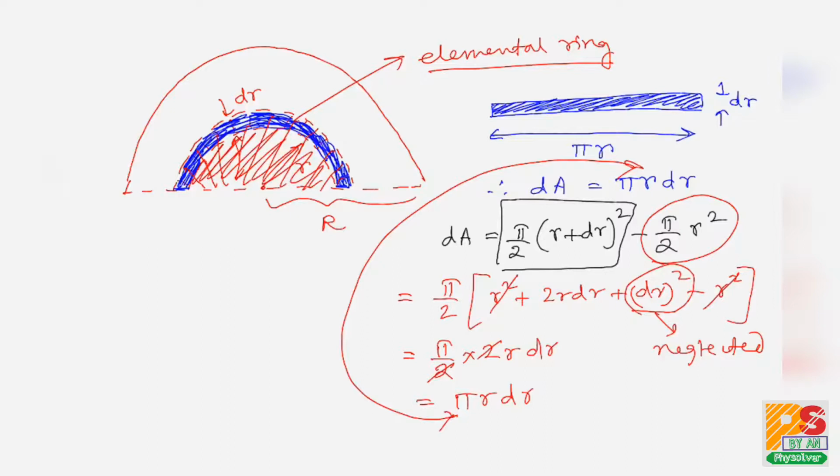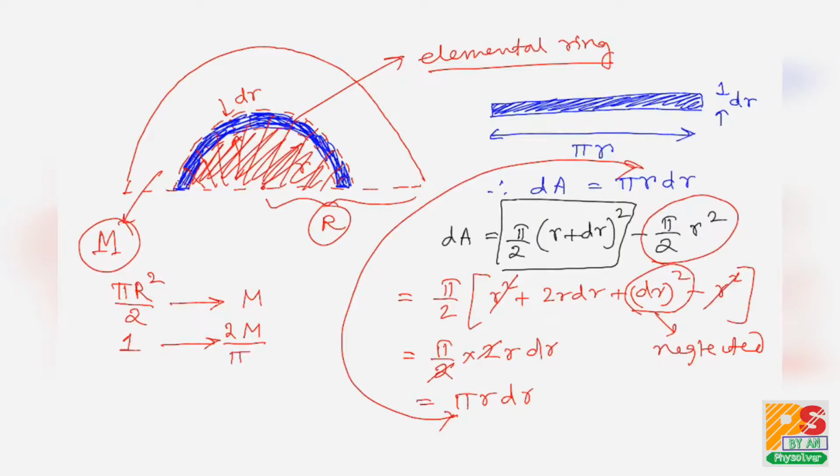Now what will be the mass of that portion? For mass, I have already told that the mass of the entire semicircular disc is M and radius is R. Therefore by using the unitary method you can say that mass of pi r square by 2 area is M. Therefore mass of unit area is M divided by this, so 2M by pi r square.